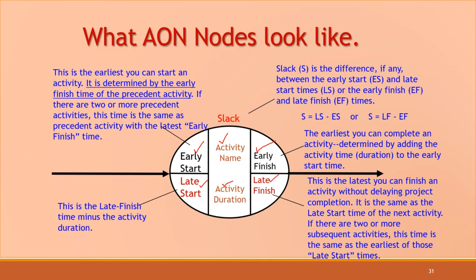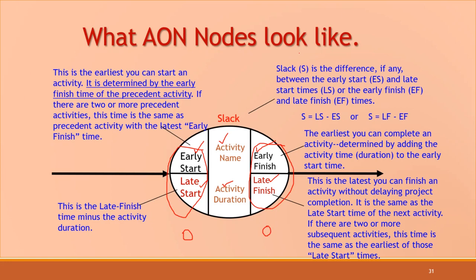When you obtain the critical path, just remember that the difference between latest start and earliest start will always become 0, or the difference between latest finish and earliest finish also becomes 0, which is called slack.